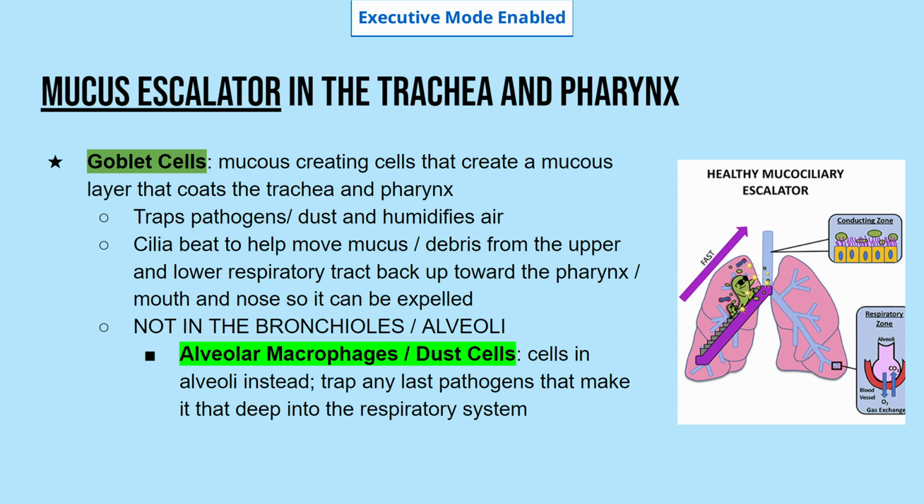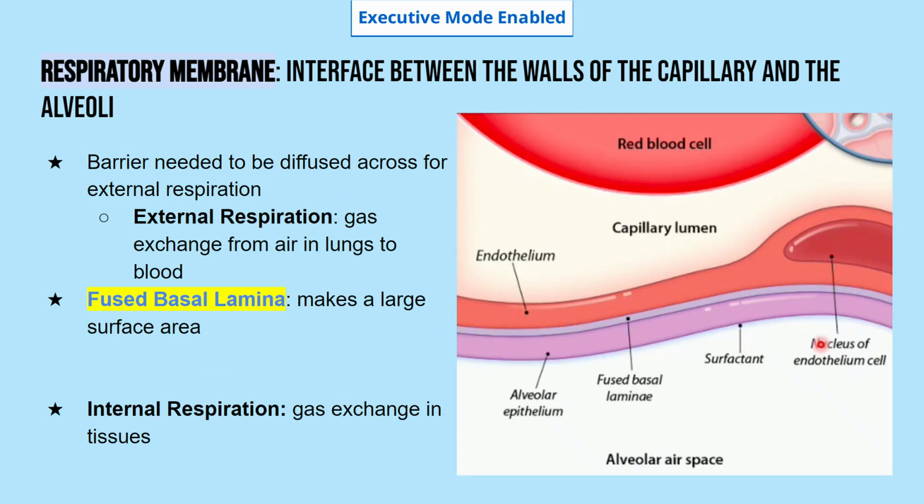Here's the respiratory membrane. It was on a few slides ago. This just describes the interface between the capillary and the alveoli in the lungs, the respiratory membrane. So then there's internal and external respiration. External respiration refers to the gas exchange from the lungs to the blood in the respiratory membrane.